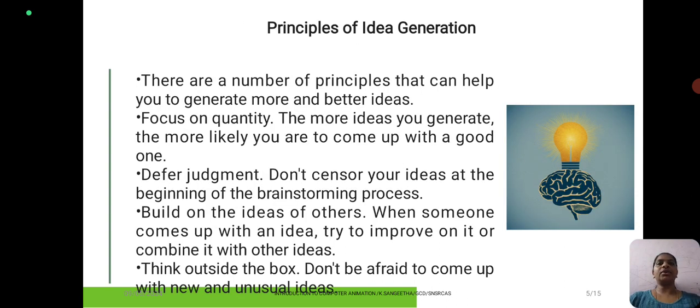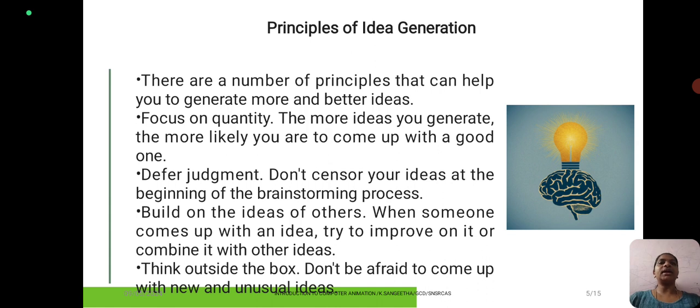There are a number of principles that can help you to generate more and better ideas. The first principle is to focus on quantity. The more ideas you generate, the more likely you are to come up with one good one. Second, defer judgment. Don't censor your ideas at the beginning of the brainstorming process.